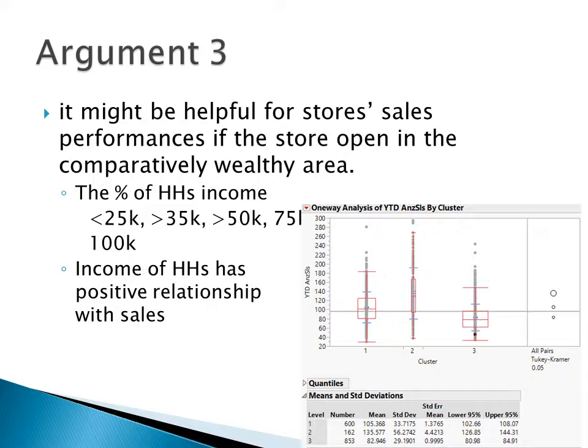That means if household income is higher in an area, the Target sales performance would also be better. So income of household has a positive relationship with sales.